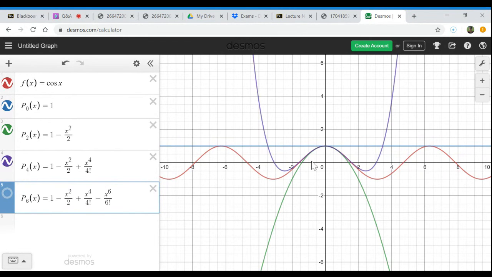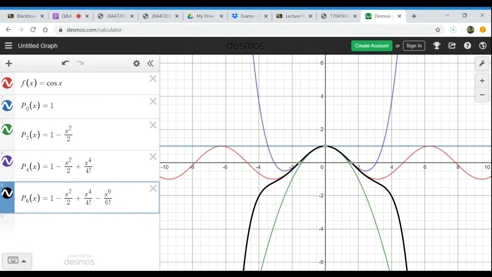Here, if I bring in p4 in purple there, notice that p4 is an even better approximation than p2, where p2 started to stray away from the cosine graph. P4 is kind of hanging in there, staying close to that cosine graph. And then p6 is going to approximate cosine over an even wider interval about 0. So this is the idea.